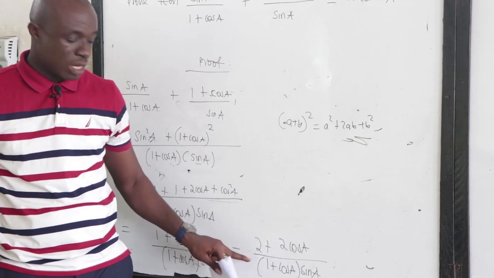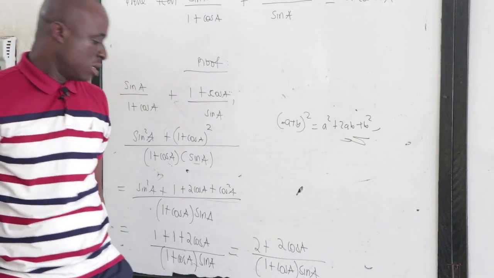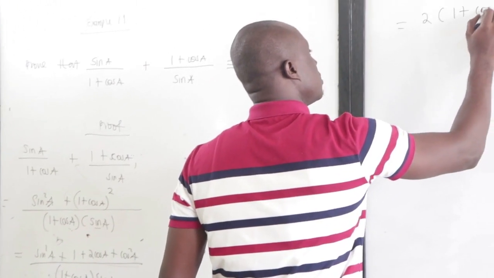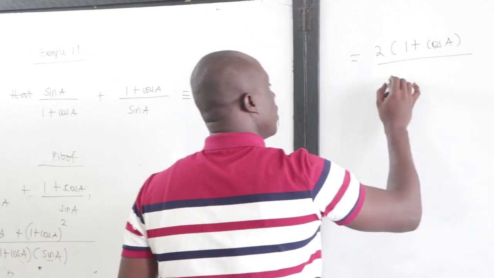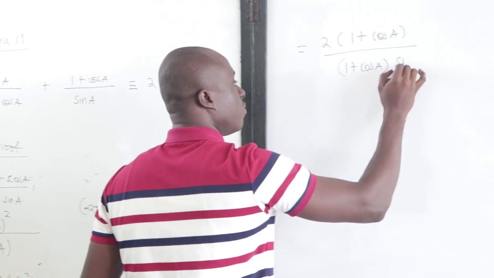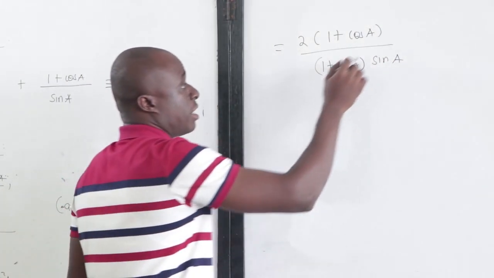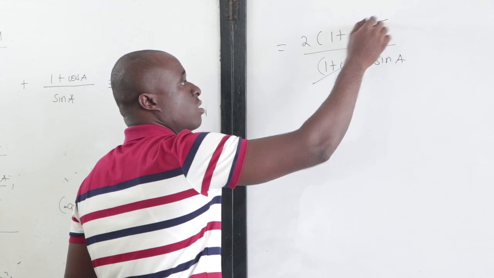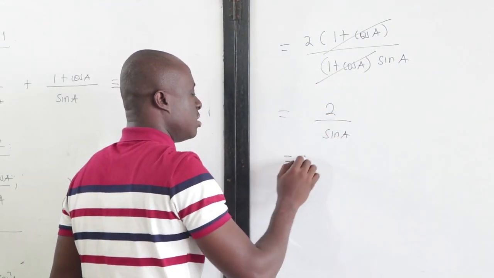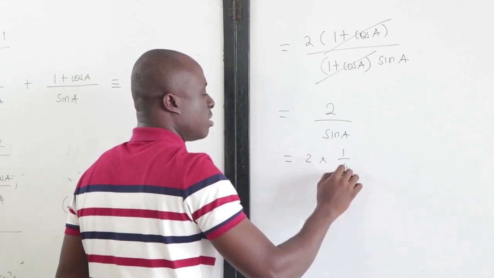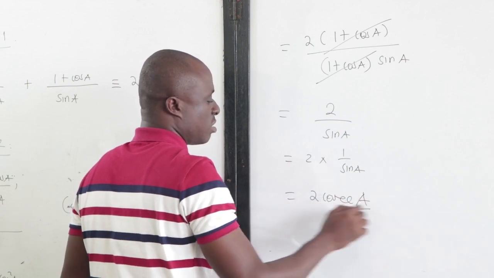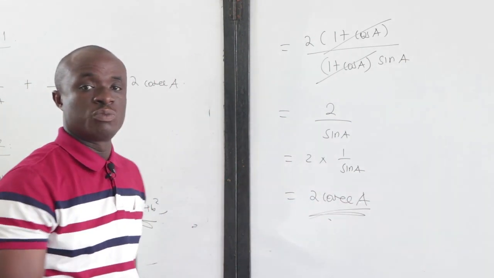When you factorize 2 out, you'll be getting 1 plus cos A. So factorizing 2 from the numerator, we have 2 times 1 plus cos A all over 1 plus cos A, and then we have sine A. Now, 1 plus cos A will cancel 1 plus cos A. So what do you have? 2 all over sine A. This is the same as 2 times 1 over sine A. And this is just 2 cosec A. And this is what we were asked to prove.